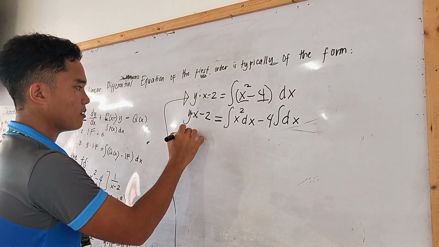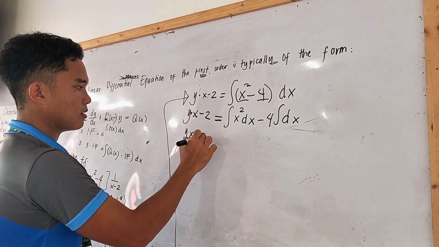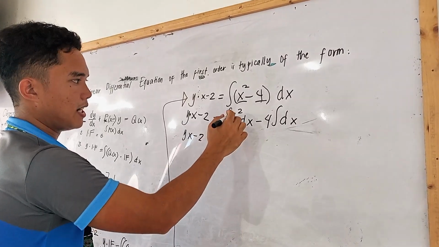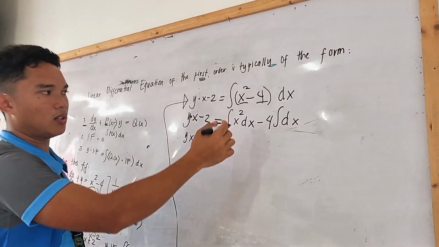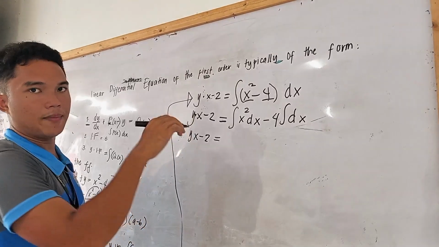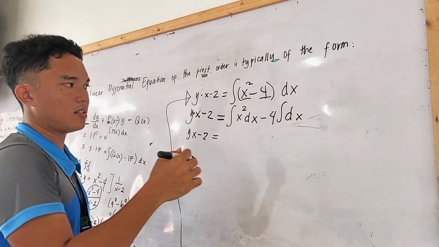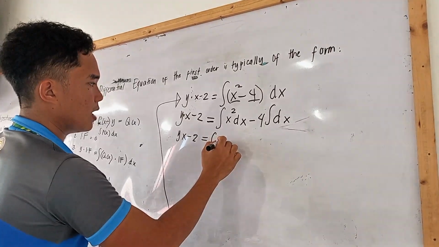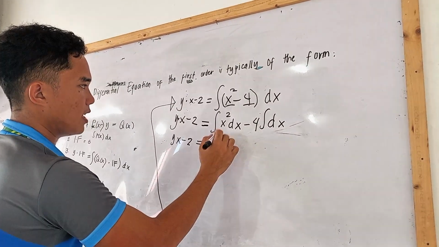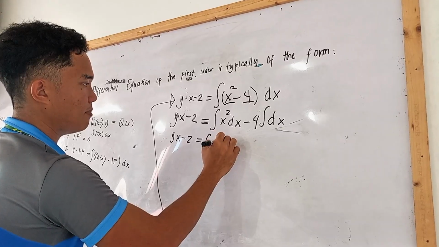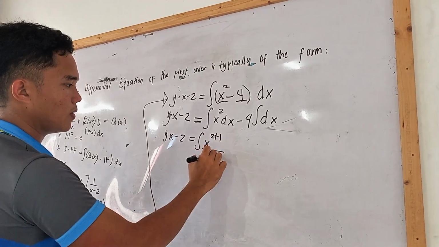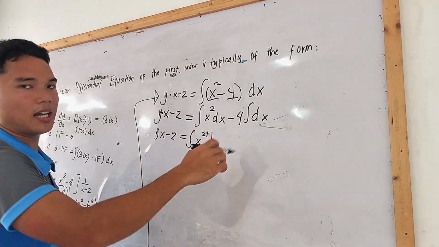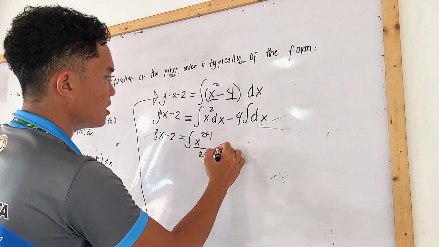So now simplify the integration. Apply the integration rule, which is u to the n plus 1 over n plus 1 plus c. Now apply plus 1 to the exponent, which will become 2 plus 1 over 2 plus 1. The plus c we will put last.